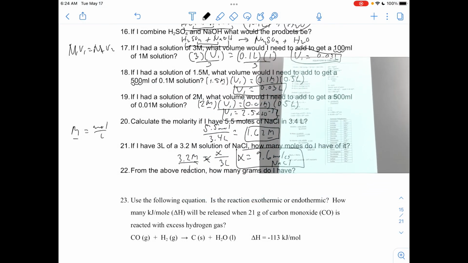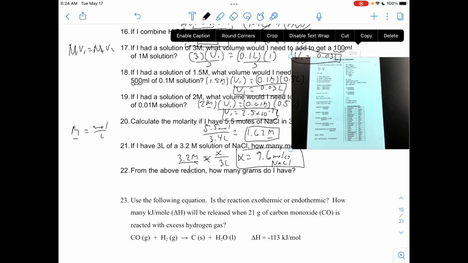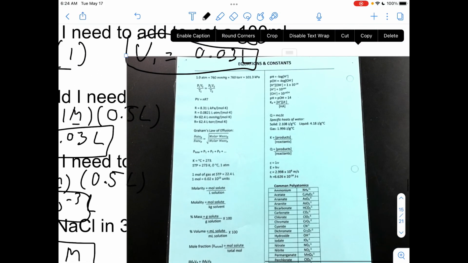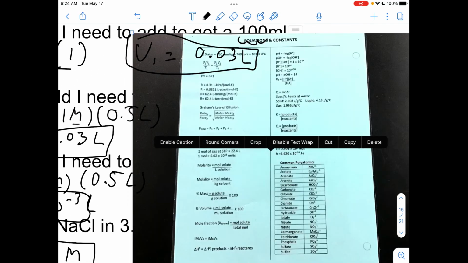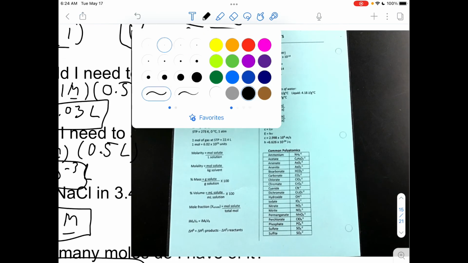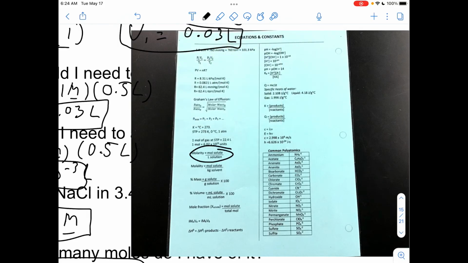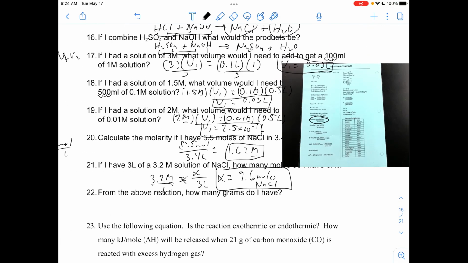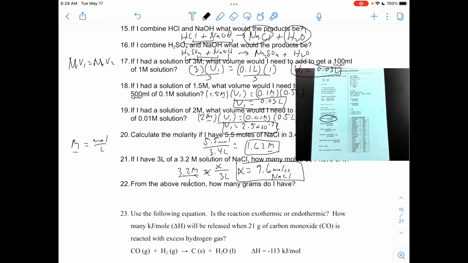So let's see, right over here we have it. Your molarity equation is right over here. Okay, so moles over liters. But from that, remember that to get moles, we take whatever grams divided by the molar mass.